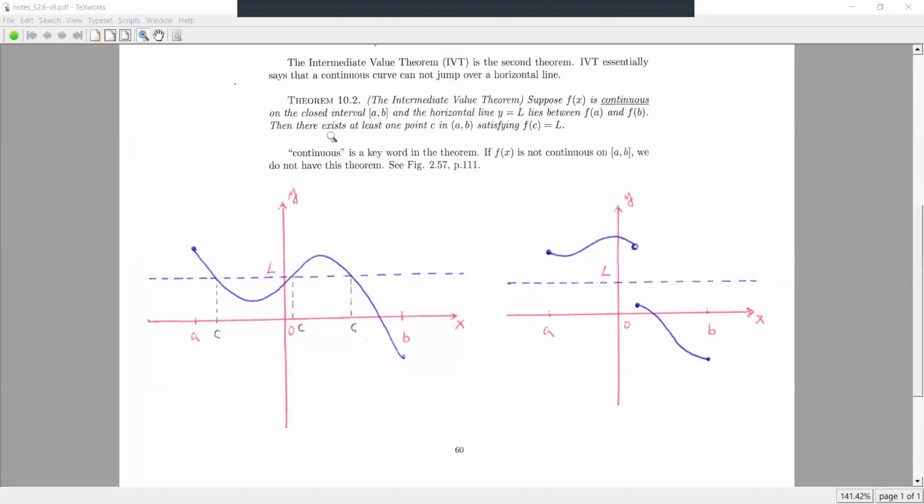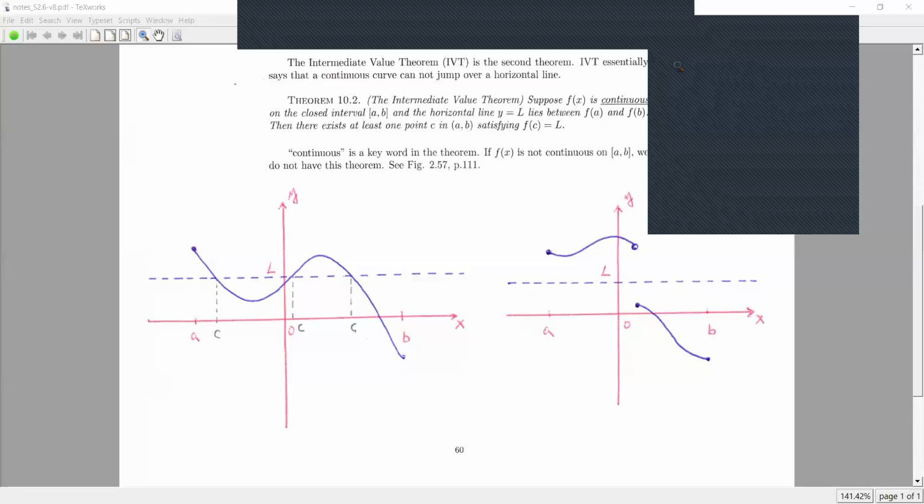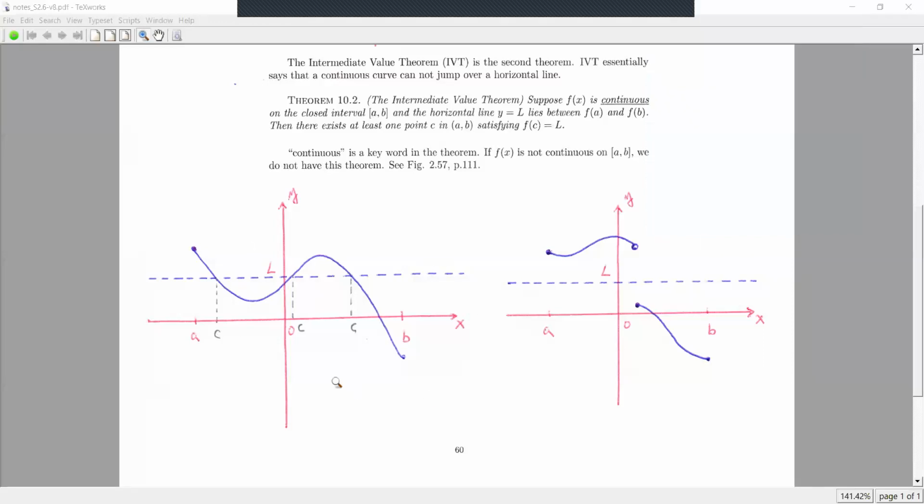Then there exists at least one point c between a and b such that the function value at c is equal to L. In this diagram, there are three such points: this point, this point, and this point, where the function values are equal to L.